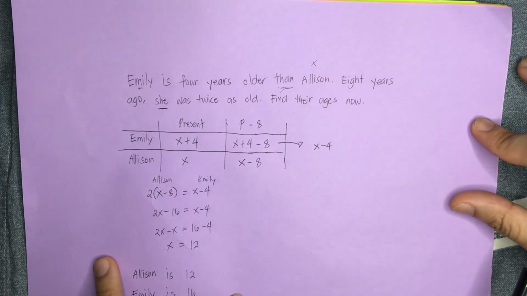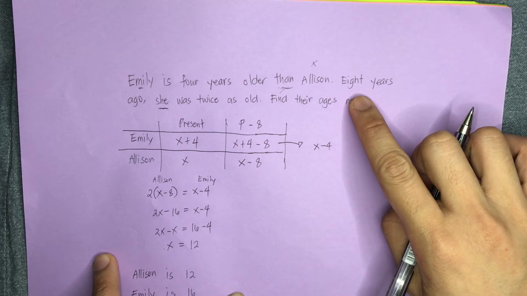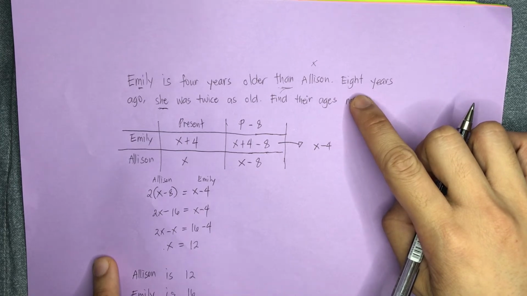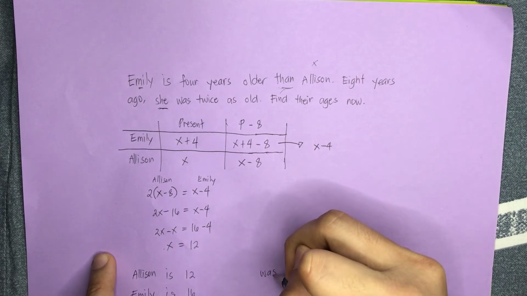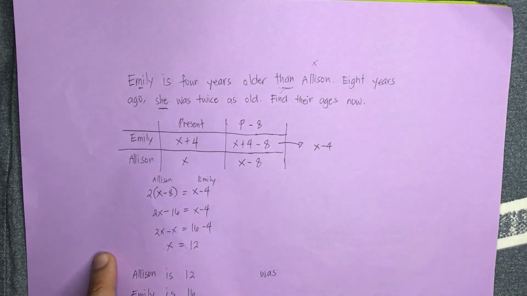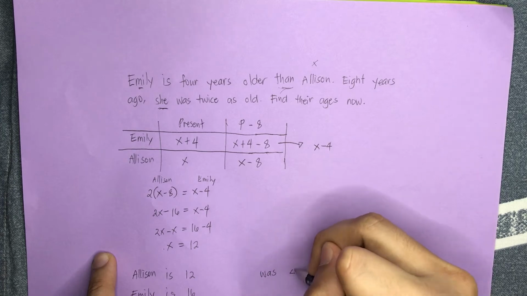Now, if we're going to check this out, we will use the second condition. 8 years ago, what are their ages? So Allison was 4 years old.